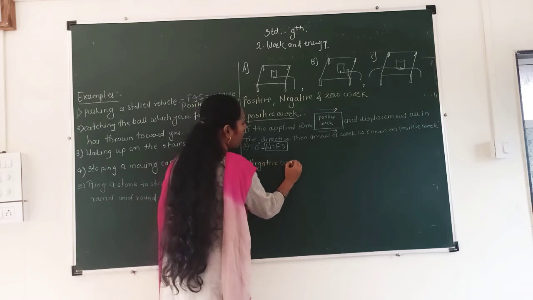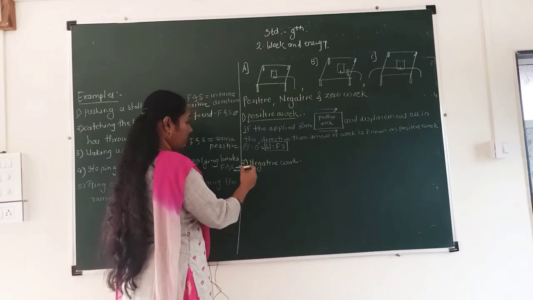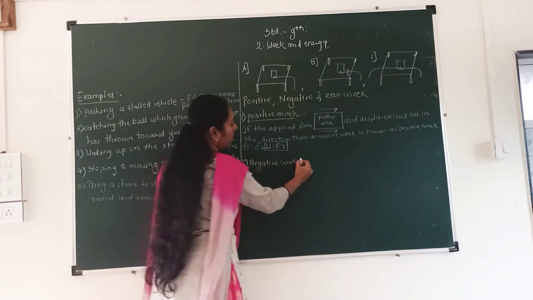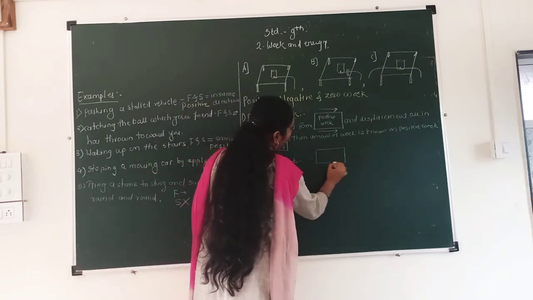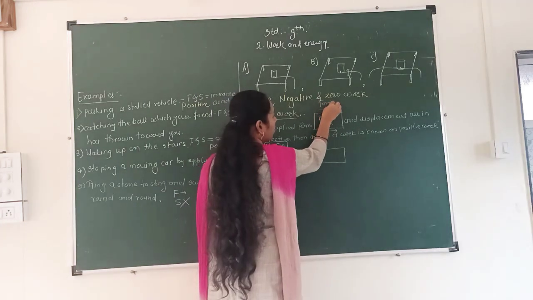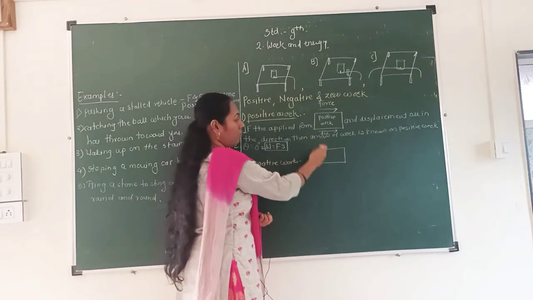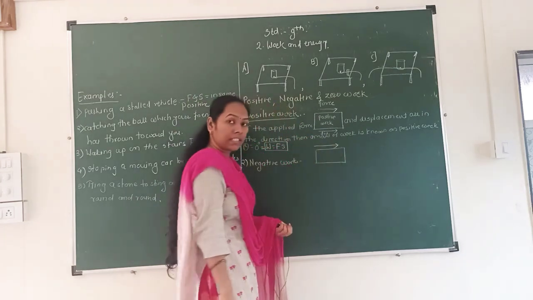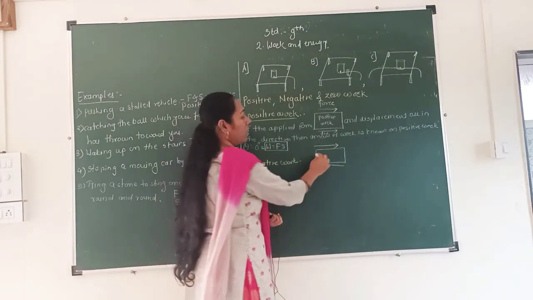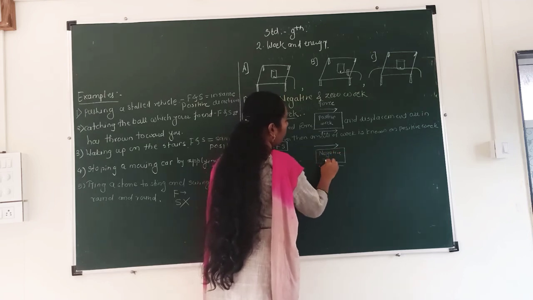Now we will learn what is meant by negative work. The definition of negative work is opposite to positive work. When this is the force and this is the displacement, and both are in the same direction, that is positive work. When the applied force is in this direction and displacement is in this direction, that work is known as negative work.